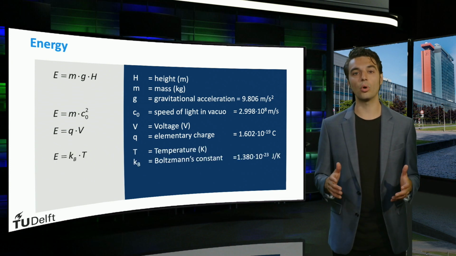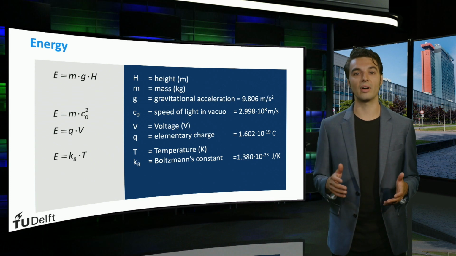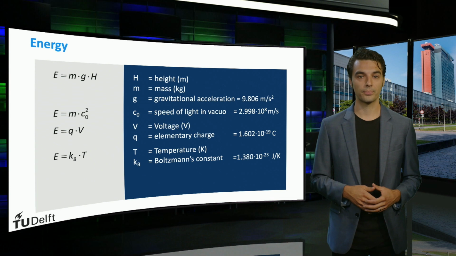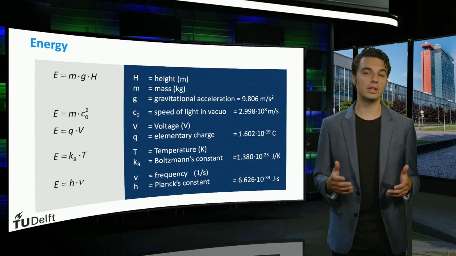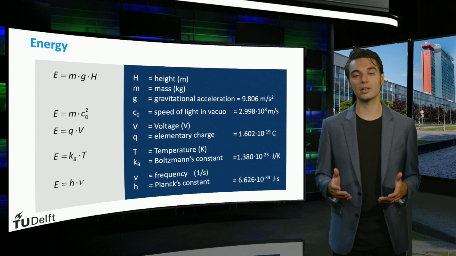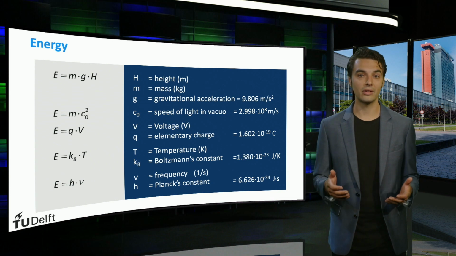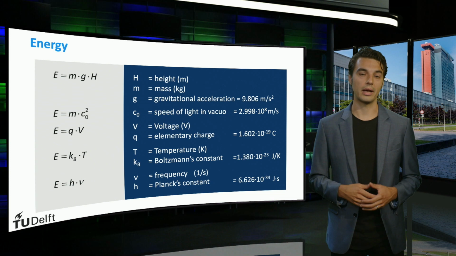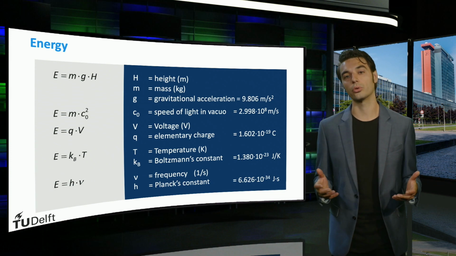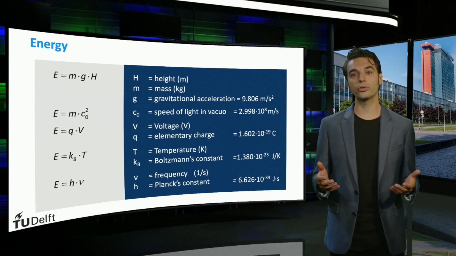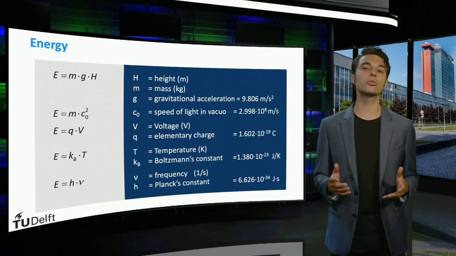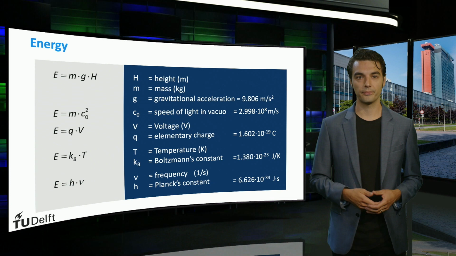The amount of thermal energy present in a temperature is defined using the Boltzmann constant, denoted by kB. Finally, the discrete particles of energy contained in electromagnetic radiation, like light, are a function of only its frequency, denoted by f. Energy and frequency are related through Planck's constant, h. All these constants, and implicitly all these definitions of energy, play an important role in the field of photovoltaics.